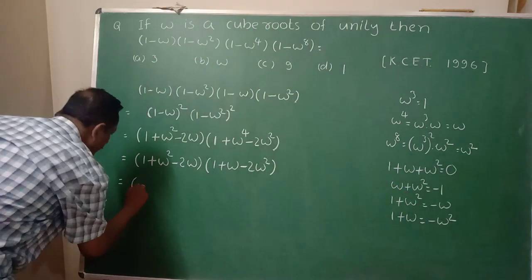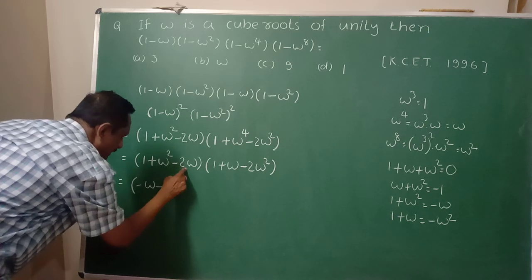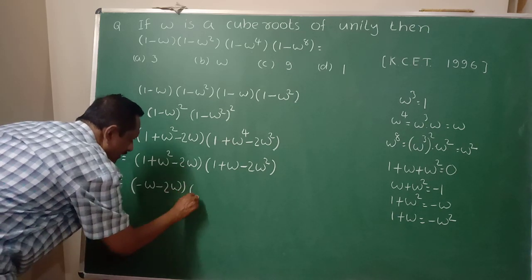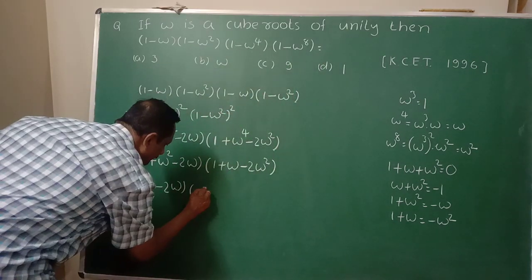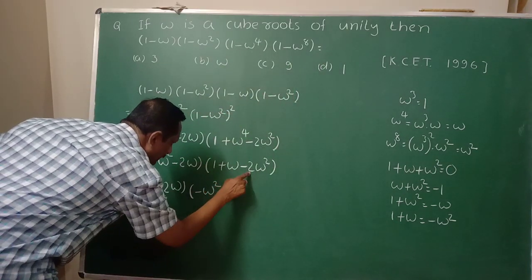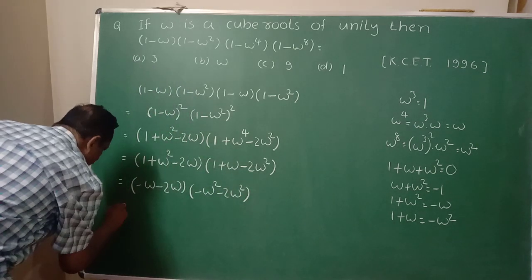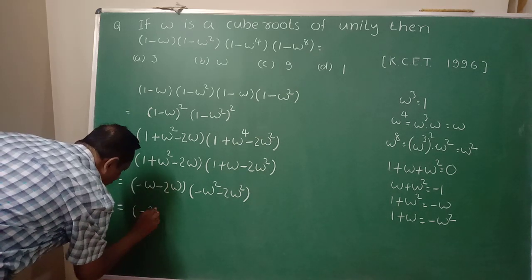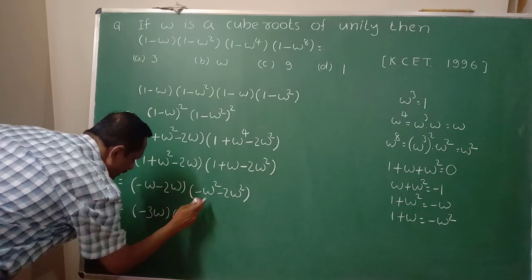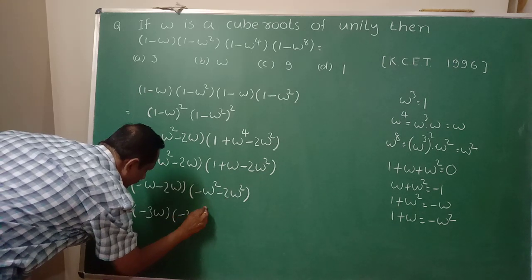So write here minus omega minus 2 omega, and this one as it is. 1 plus omega is minus omega square, so minus omega square minus 2 omega square. Therefore this is equal to minus omega minus 2 omega, minus 3 omega, into minus omega square minus 2 omega square, minus 3 omega square.